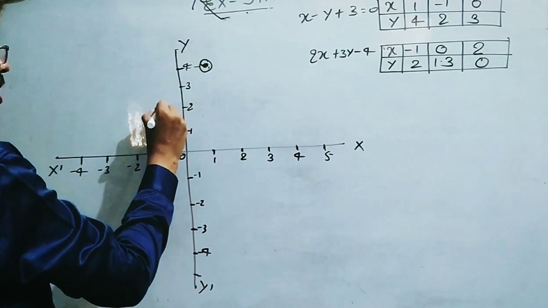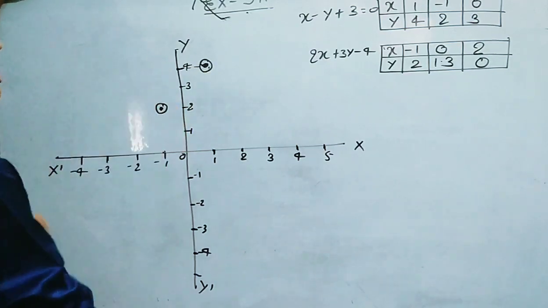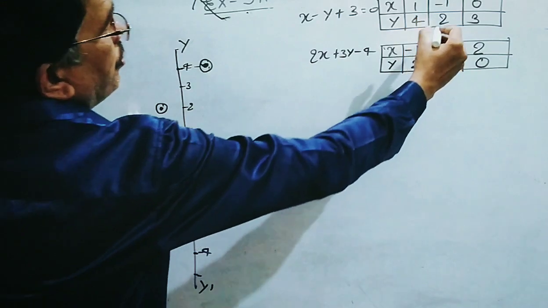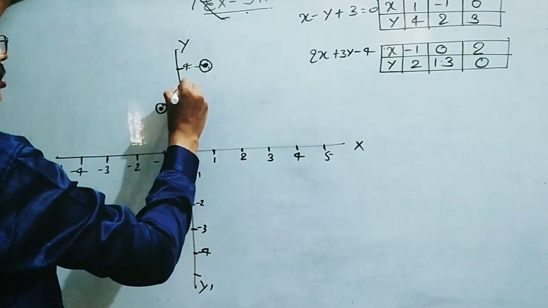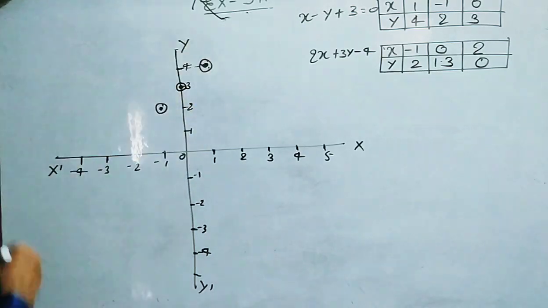Here x is minus 1 and y is 2. x is 0 and y is 3. So here is x is 0 and y is 3. So 3 points are always in a straight line.